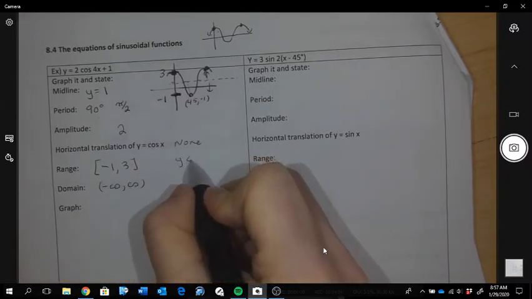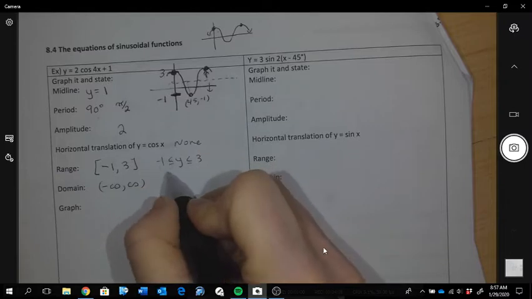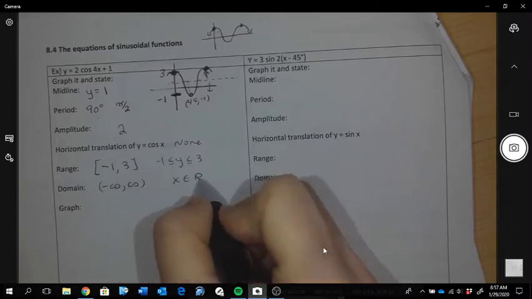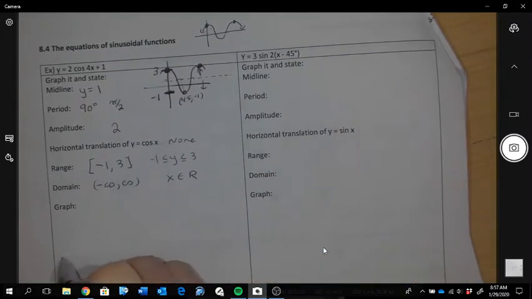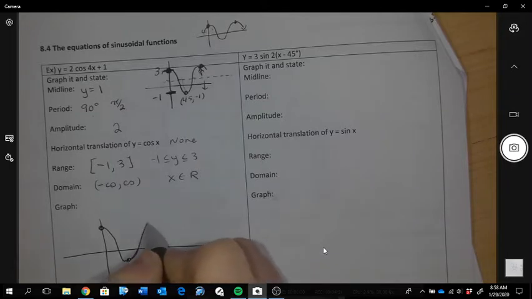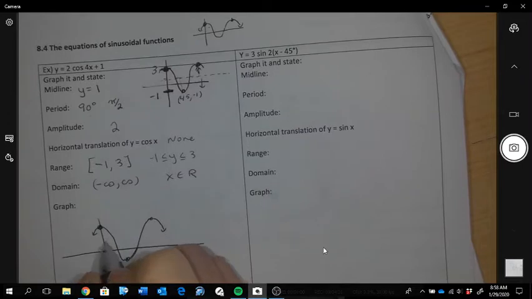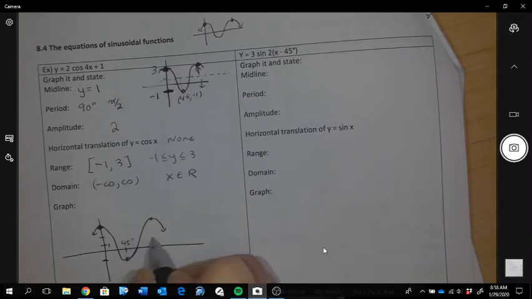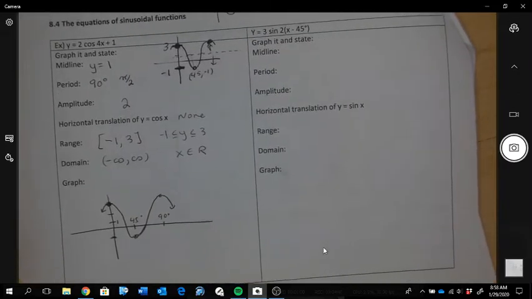If we're going to write this, we could also write it like this. Okay, so we're going to graph this: 1, 2, 3, we'll put a scale on there, and then 45 degrees, 90 degrees. Okay, next one.